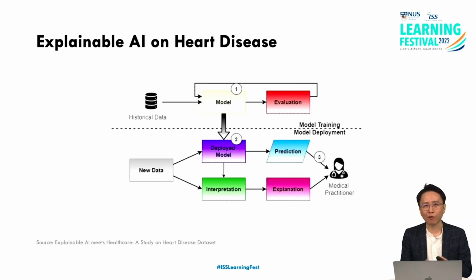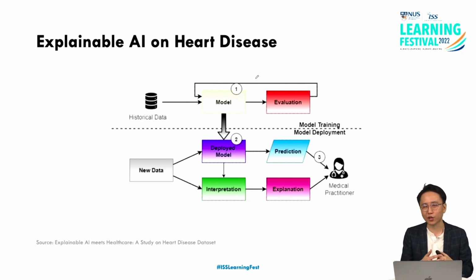For the first type of explanation, we are going to use a case study on heart disease to illustrate the idea. The purpose of the AI is to detect the existence of heart disease in patients. The area of interest, which is highlighted with circle 1, is an XGBoost model.